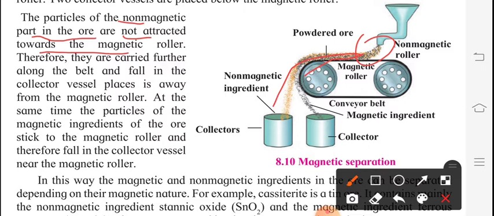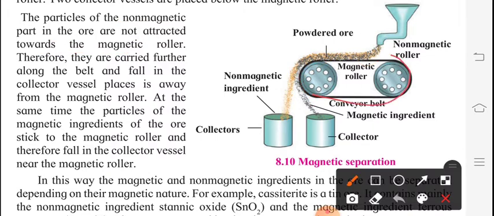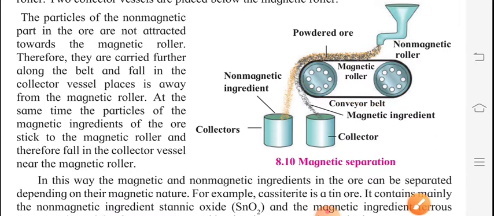Hence, the magnetic ingredients are collecting in this collector with the help of the magnetic roller, and the non-magnetic ones are thrown away and collected in this other collector. So why? Because we are using this roller as a magnetic one.